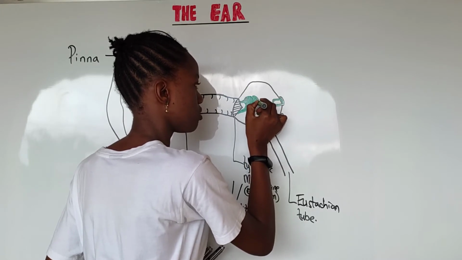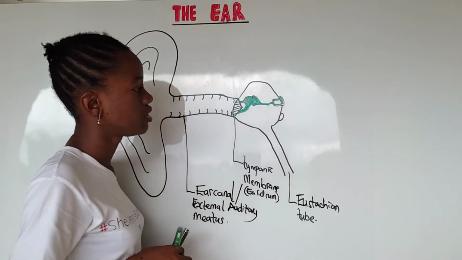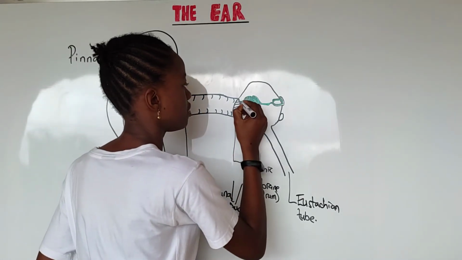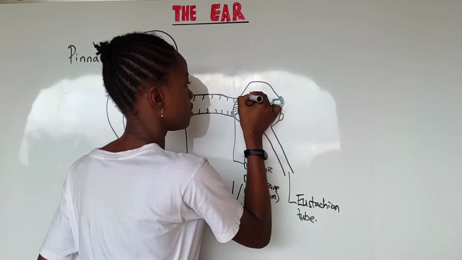So now we're going to label all this. Let me give you boundaries for you to see it clearly.